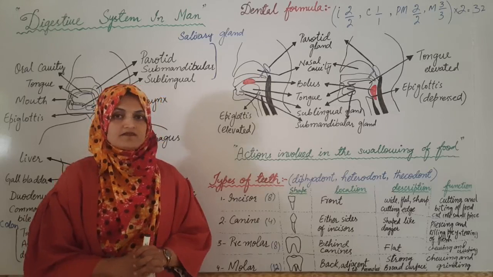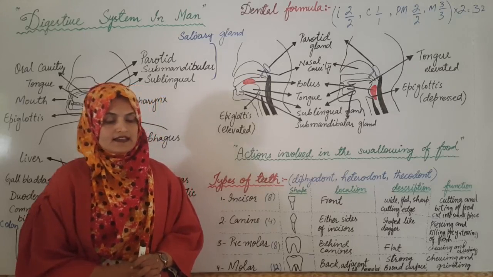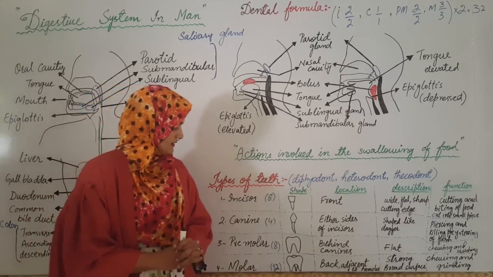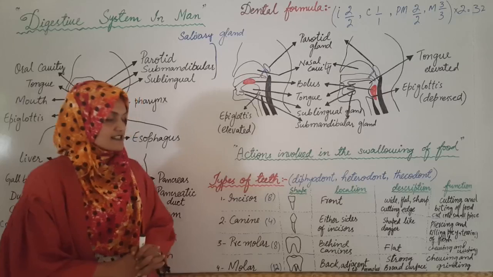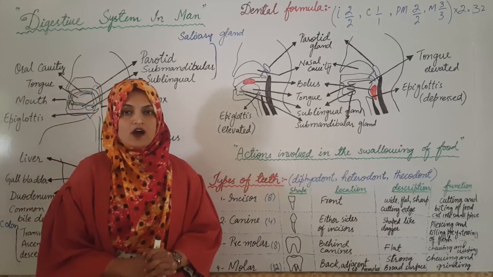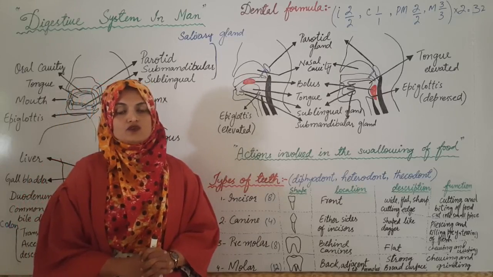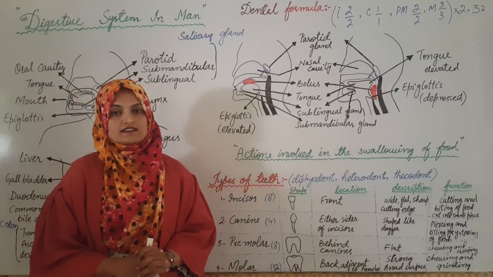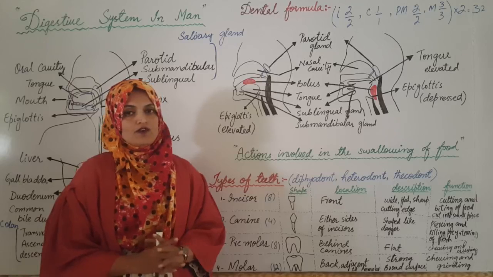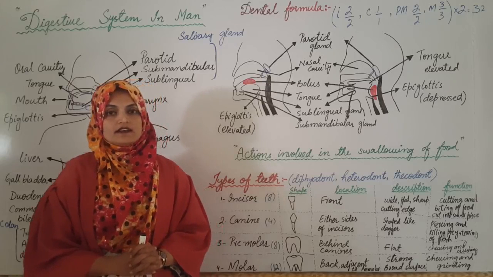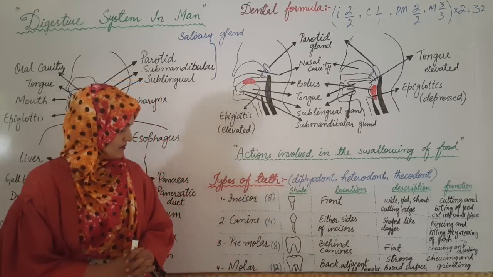Premolar is present just behind the canines, and it is termed as bicuspid because it has two sharp edges, which is very suitable for chewing and crushing the food.